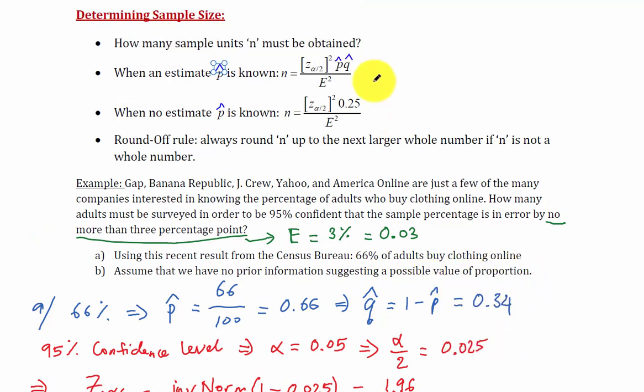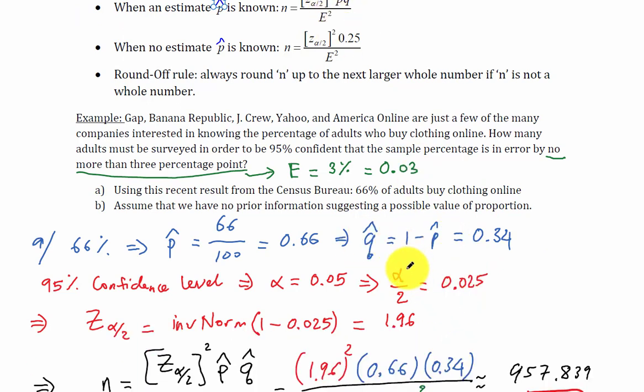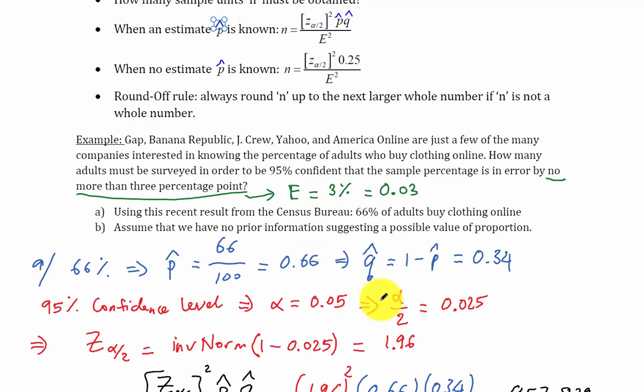So how do we do that if we don't know the P hat in this case? That means we have no idea about the point estimate. That means we assume that P hat and Q hat are 0.5 each, and that's why this is 0.25 when we multiply them together, and that is why we use that for the second formula here.